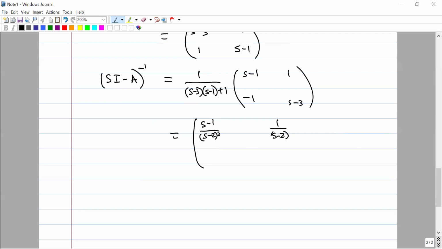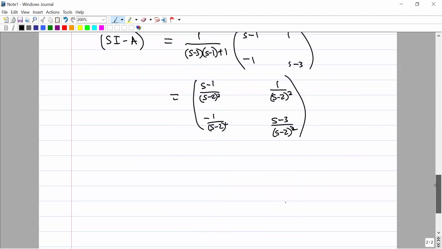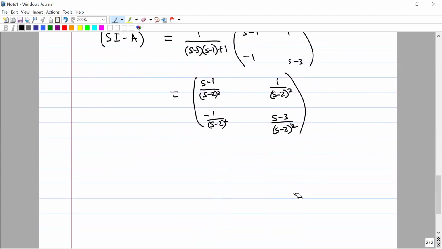And then it gives us the following expressions. s minus 3 over... s minus 2. So here now we need to apply our partial fraction decomposition techniques, because remember we want to find the inverse Laplace transform. So here you can see that the first one will give you 1 over s minus 2, I think it's plus 1 over (s minus 2) squared.